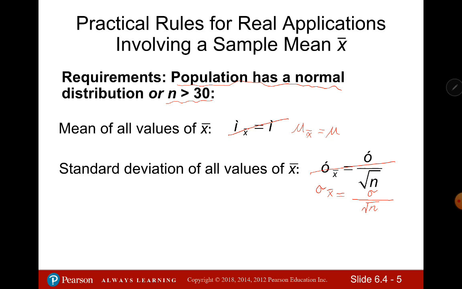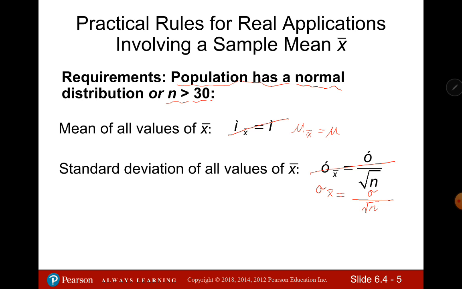Again, mu of x bar means the mean of all the sample means is just equal to the population mean. But the standard deviation for all the x bars is not equal to sigma. It's not equal to the population standard deviation. It has the square root of n as the denominator.